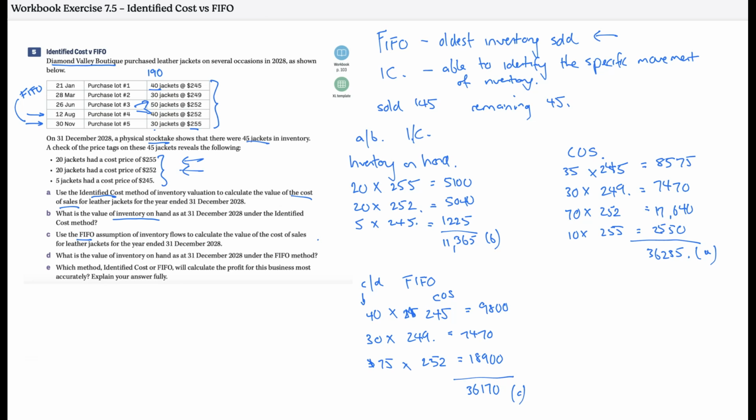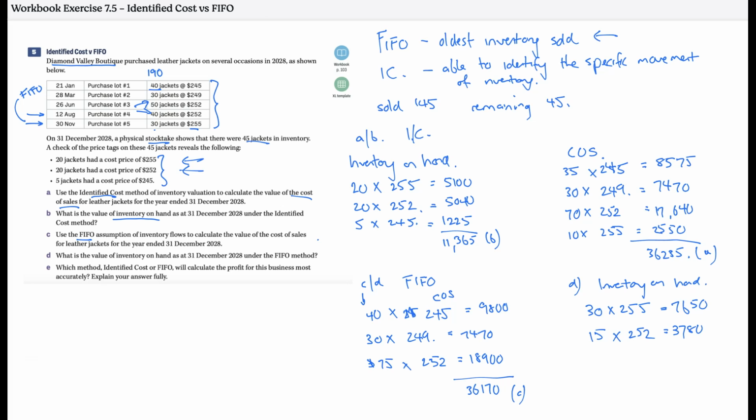Our inventory on hand, so D, inventory on hand, we'll write this up here. We know we have 45 left over and they are our newest. The most recent ones purchased were our 30 at $255. And we have 15 of our $252 jackets remaining. 30 times 255 equals 7,650. 15 times 252 equals $3,780.